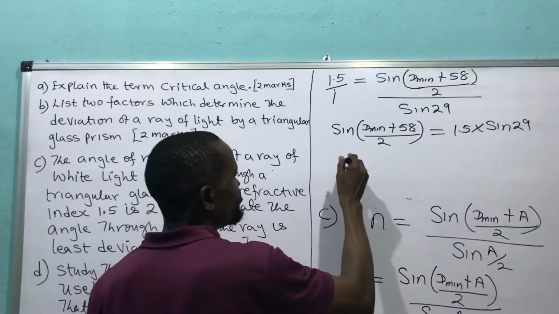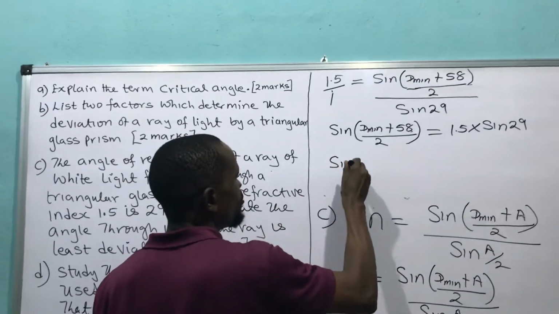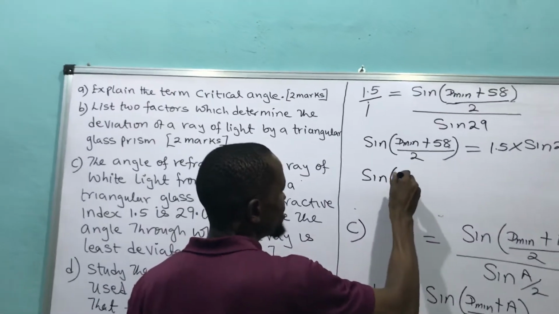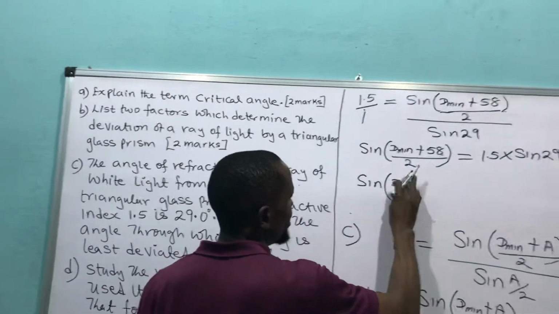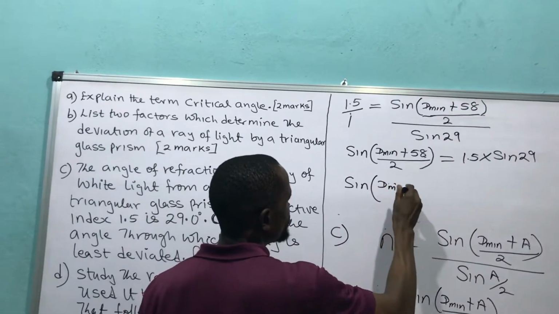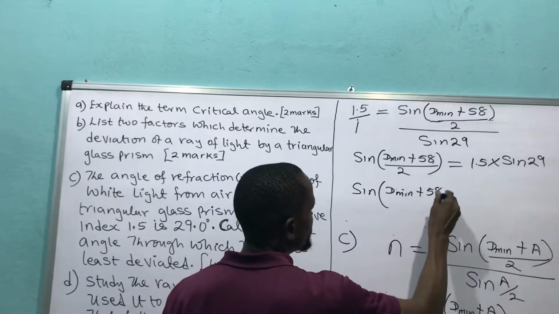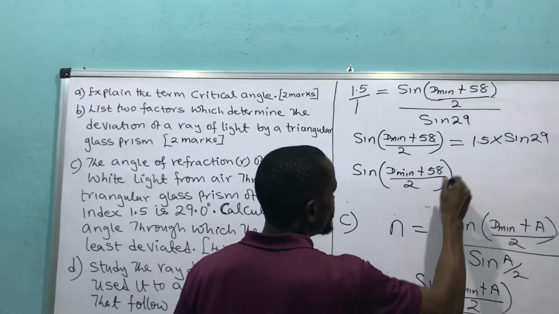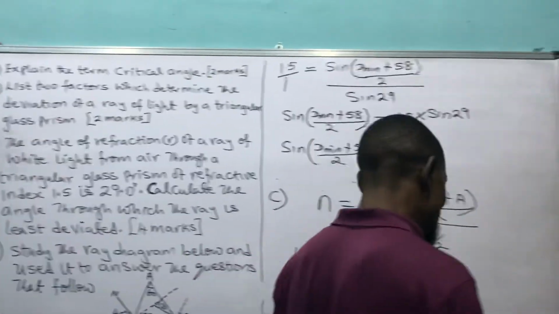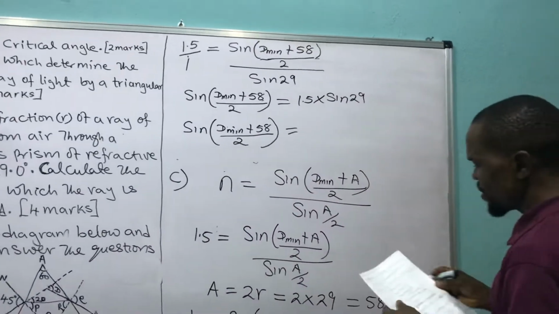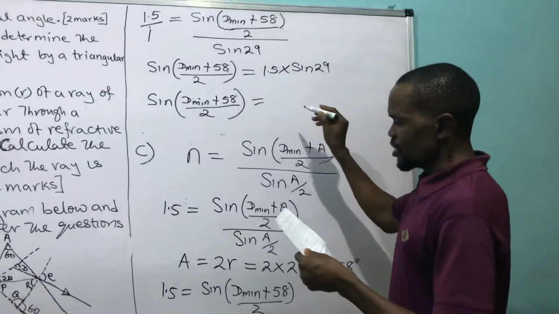And this will give me sine of dim, the minimum deviation, plus 58 all over 2.